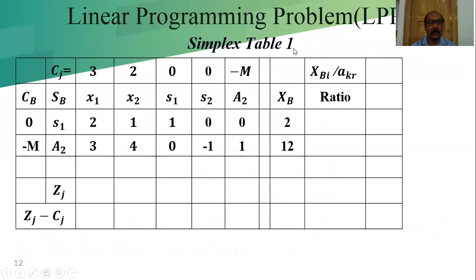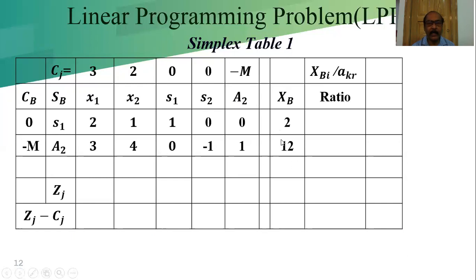This is the simplex table according to our given problem. We are finding the ratio. In the next table, our variables are x1, x2, s1, s2, a2.